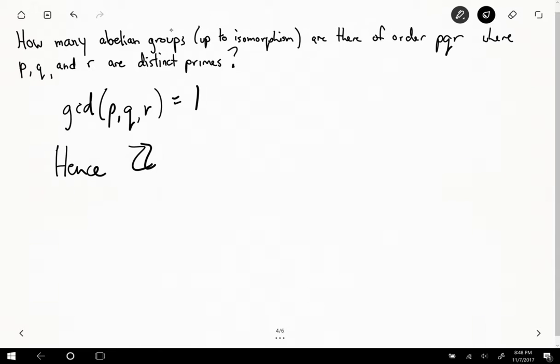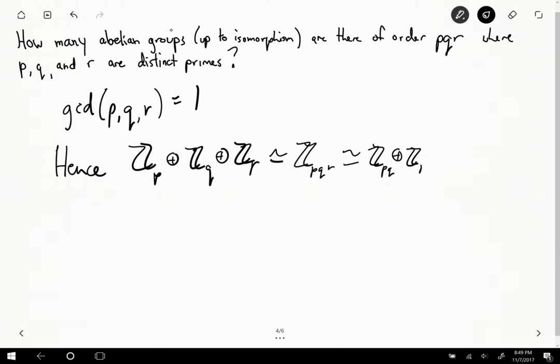Hence, this nice little direct product is the same thing as Z of PQR, and you can break it up in multiple ways. You can do Z of PQ direct sum Z of R, which is isomorphic to Z of P direct product with Z of QR, which is the same thing as Z of Q direct product with Z of PR.